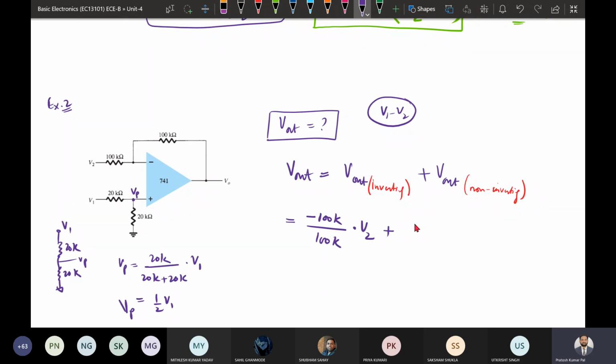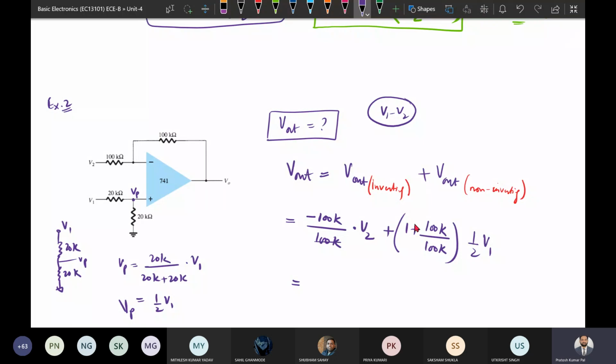In the non-inverting case, the output that we will be getting is 1 plus Rf by R1, where Rf is 100k divided by 100k. So this is the gain multiplied by the input. The input here is Vp, so instead of writing Vp, we will write Vp in terms of V1, which is 1 by 2 V1.